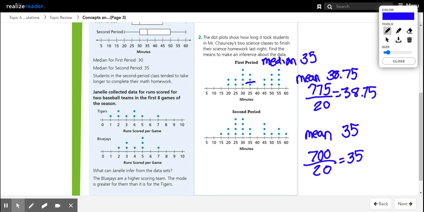And down here, still 20 people. So 1, 2, 3, 4, 5, 6, 7, 8, 9, 10. Between the 10th and 11th, that median is 30. So comparing our medians and comparing our means, we actually see a similar comparison: first period took a little bit longer on their homework.